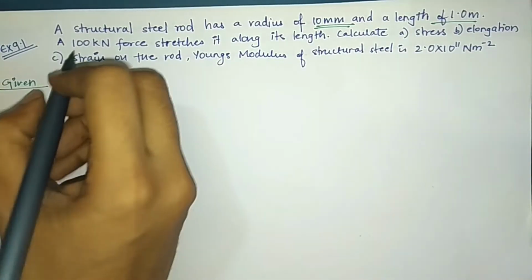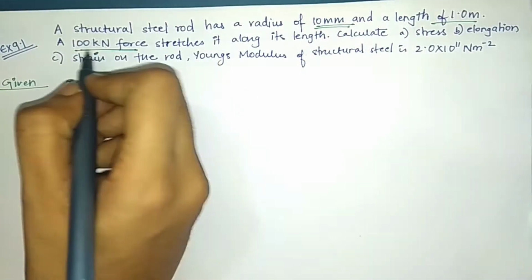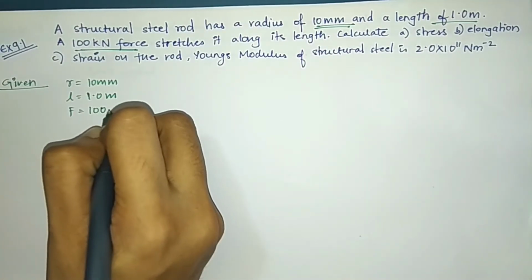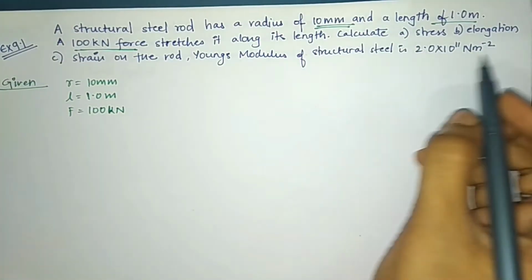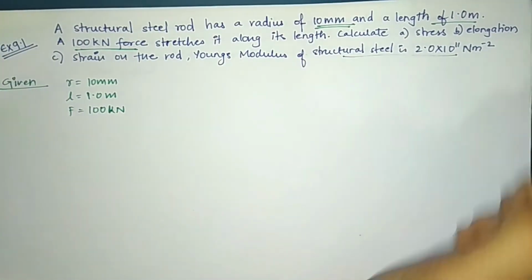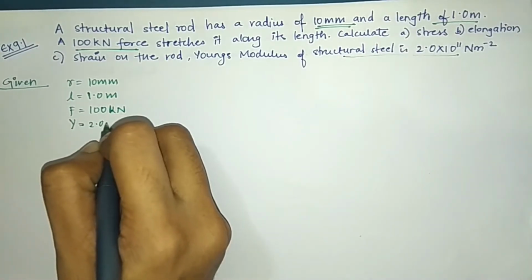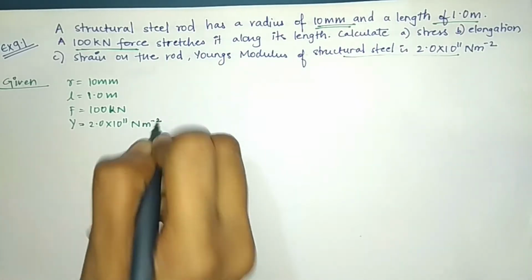Next is the force. A 100 kilonewton force stretches it. And what is given is the Young's modulus of this steel, which is 2.0 × 10^11 Newton per meter square.